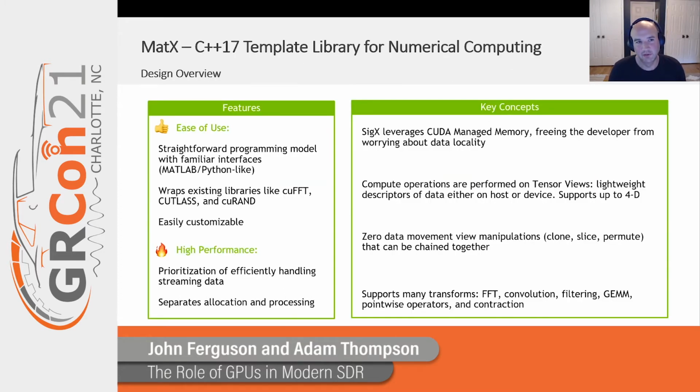The overall design goals, philosophies and API are that we're trying to get maximum performance by decoupling memory management from processing. So we introduce a concept of lightweight descriptors to our underlying data objects called views, and most of the compute that you do operates on these views.